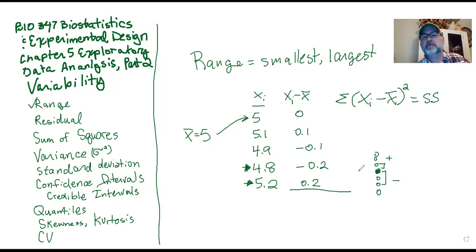When you add negatives to positives and you sum them up, they'll cancel each other out, right? So by squaring, you're getting rid of that sign and the ability to cancel things out, okay? But it is a square number. So if this is arm length in centimeters, the sum of squares is going to be in centimeters squared, okay?